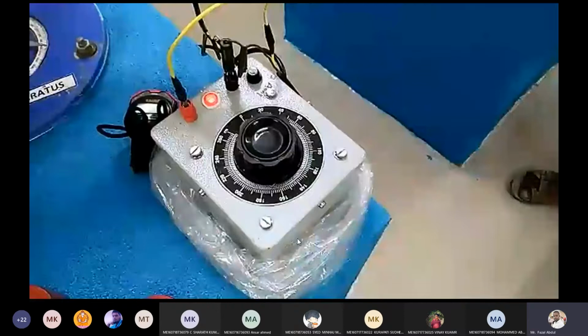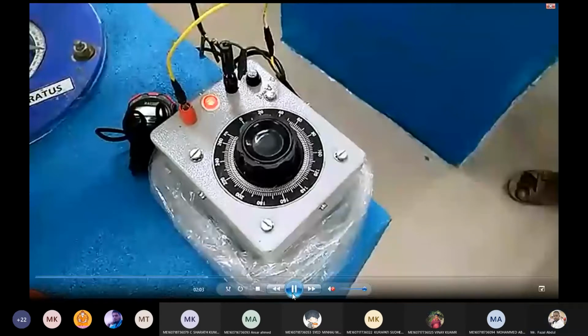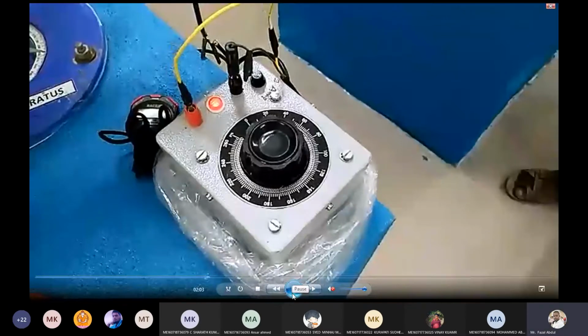Now this is the dimmer set. Through this only we supply the current, as per our requirement, to the motor installed on the setup. And this is a stopwatch.